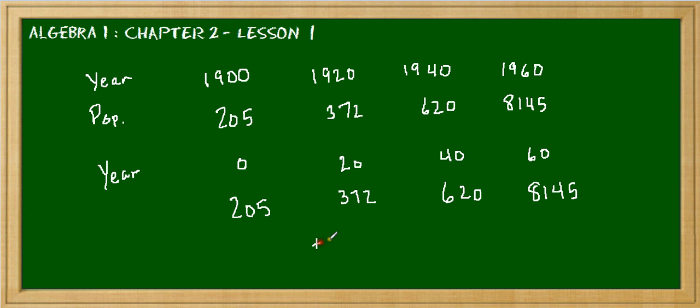So we went up 167 over here. If we add 167 to 205, they added 167 people. We now have 372. But now 20 years passed again, and if there were some function that we might be able to see, we'd see, wow, it's another 167. If we see a similar pattern, that would be great.